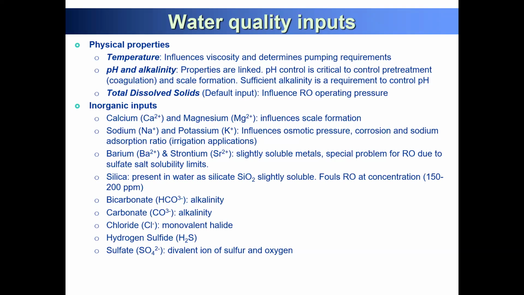So when you have a different pH, you have a different fouling potential. So we need to also put pH. Also, alkalinity is a requirement to control pH. So we have carbonate, bicarbonate. Some of the alkalinity is good information to look at the calcium carbonate, calcium phosphate, also magnesium carbonate fouling potential.